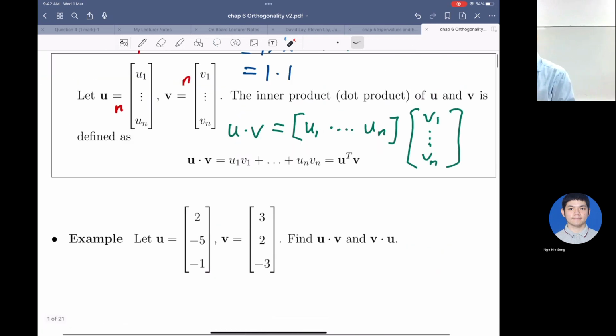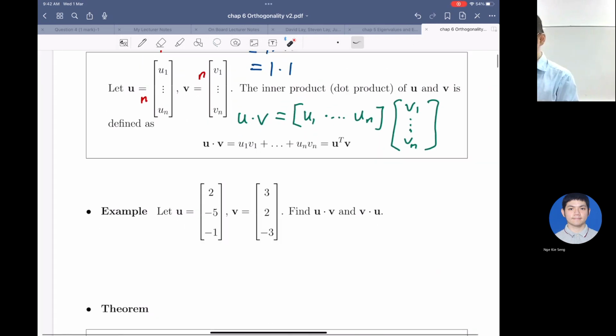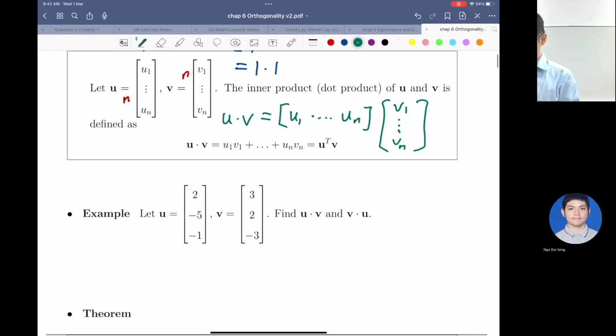Let's compute what is u dot v and v dot u.